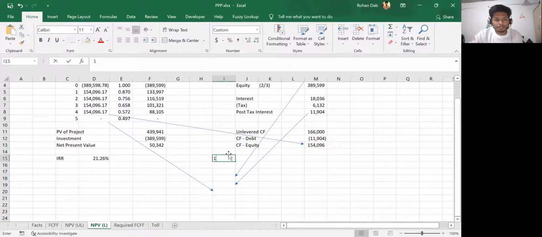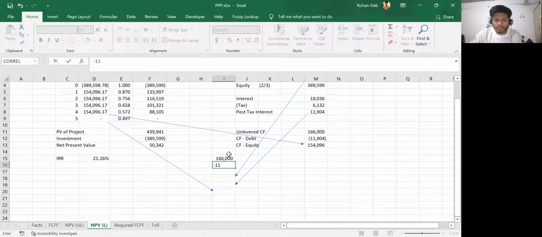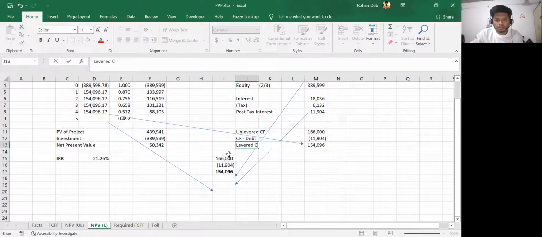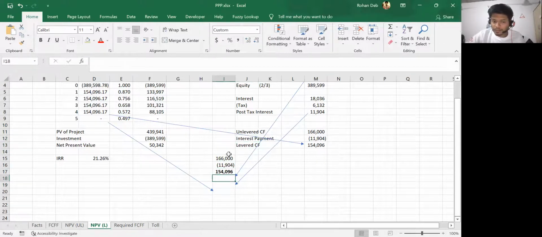In total, I am getting 1,66,000 as unlevered CF. From this, I reduce 11,904. This gives me 1,54,096 as my levered cash flow, after the interest payment. So this is my levered cash flow.